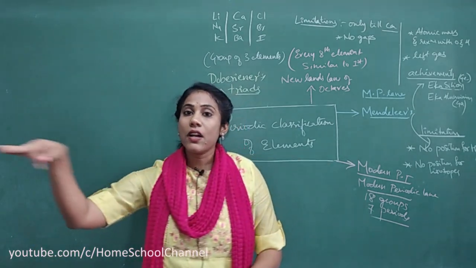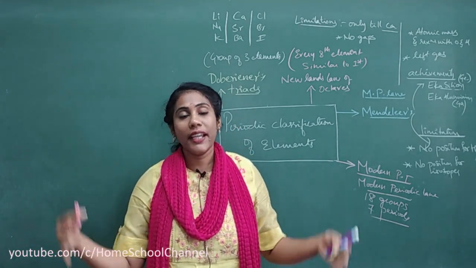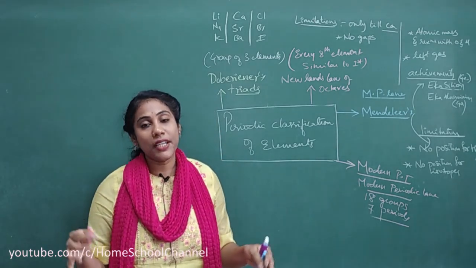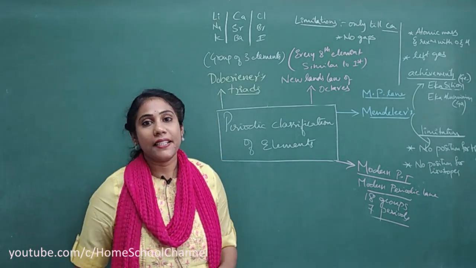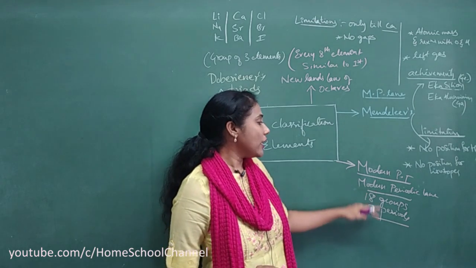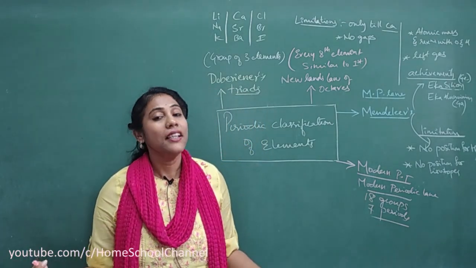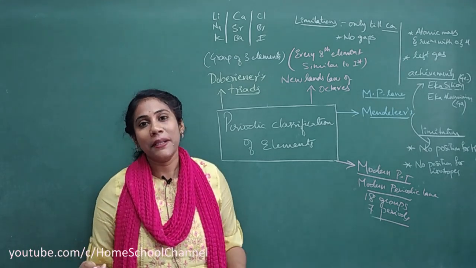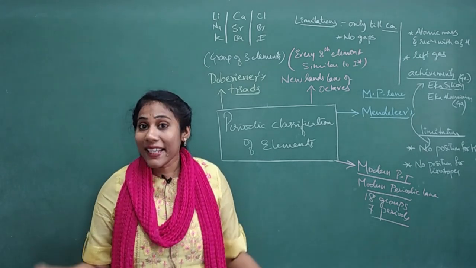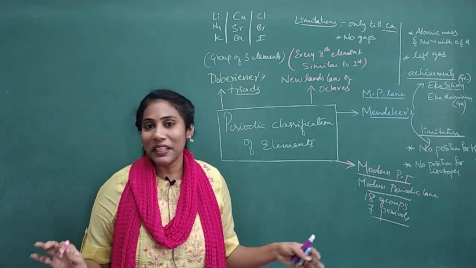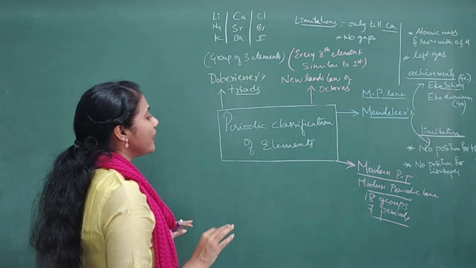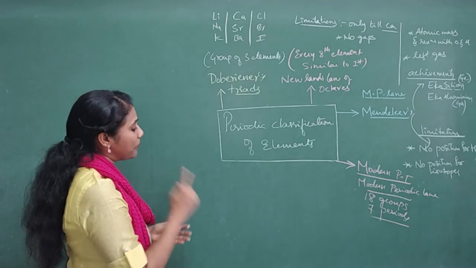Periods are horizontal rows, 7 would be there. If you want the detailed aspects of the modern periodic table, you can watch the videos on periodic classification of elements, whose playlist link is provided in the description. Clear? Fine.